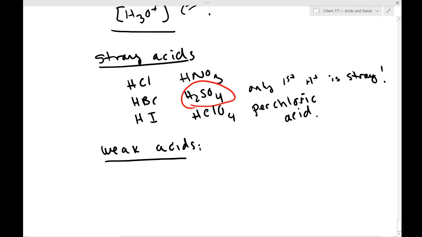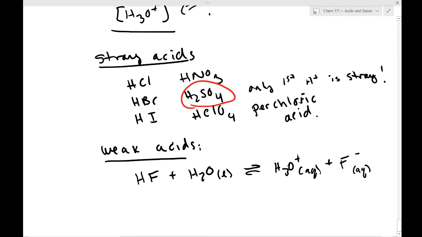Actually, an interesting weak acid is hydrofluoric acid. Hydrofluoric acid is a weak acid. When it reacts with water, it does not completely disassociate. There's a relatively large percentage of HF that stays as its molecular form.